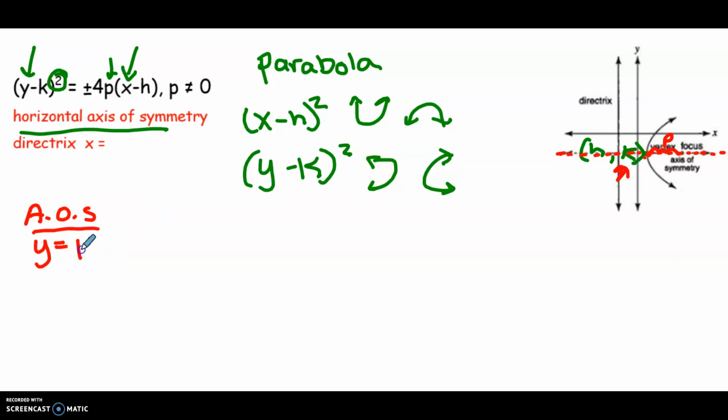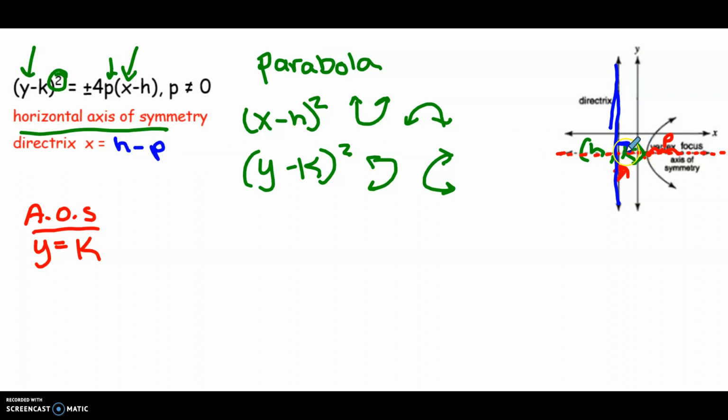It's y equals k. And your directrix, right here in the blue that I'm going to change this marker to, is a vertical line because we said the directrix, and I'm trying my best to make this perpendicular, has to be perpendicular to the axis of symmetry. So we know that the directrix is going to be x equals, and again, for a little help but not necessary, you could just figure out what h is and subtract p.